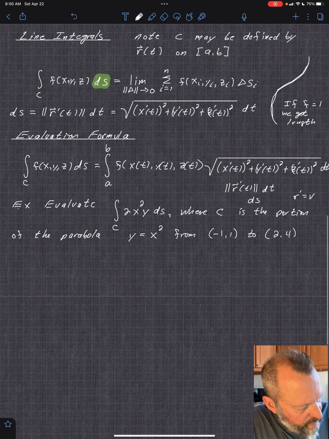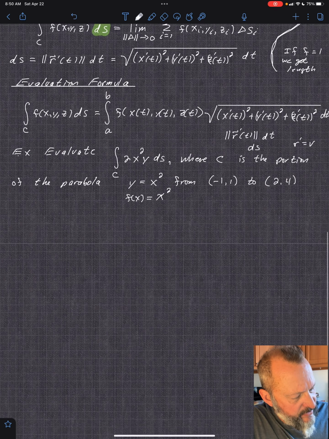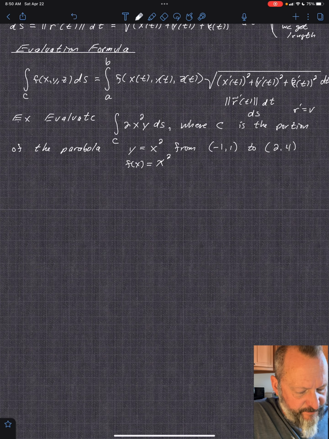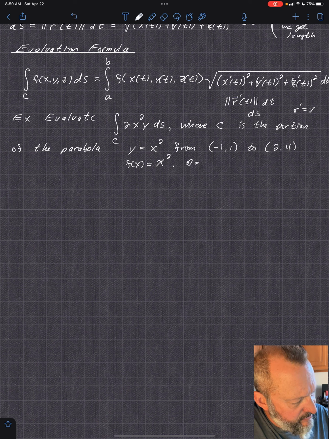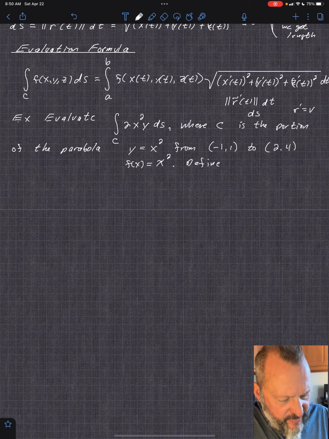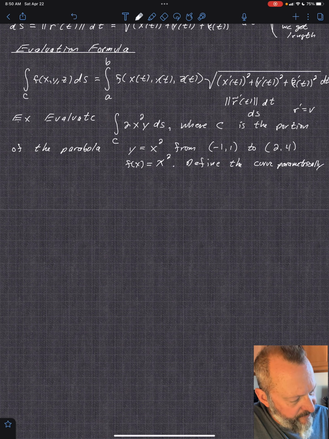So we have f of x is x squared, and we want to define the curve parametrically.